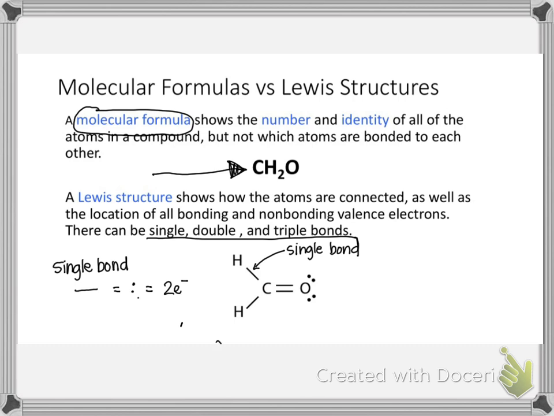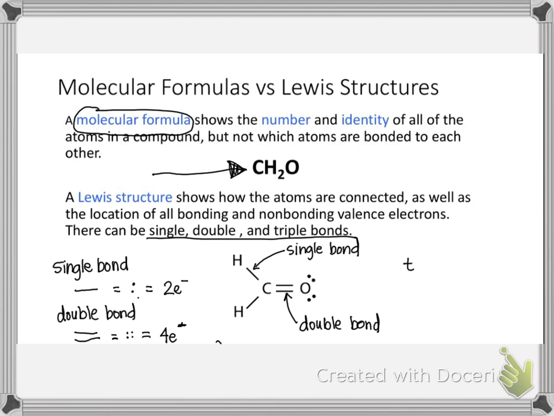Then we could also have a double bond, which is drawn as 2 lines. That equals 4 electrons. That's why I don't like drawing all the dots, because it would have 2 shared pairs, so you'd have 4 dots. A double bond equals 4 electrons, because each line is representing 1 shared pair.